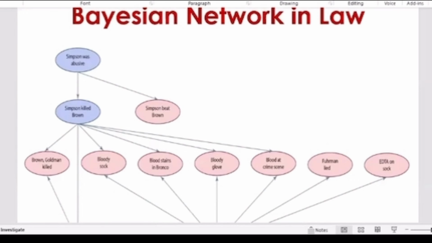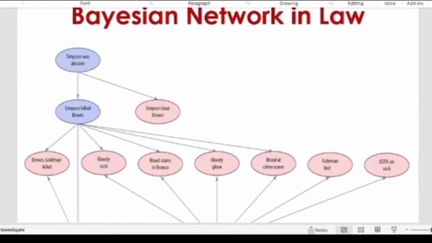Before Brown was murdered, they had a divorce, and Goldman was now having a relationship with Brown. So a lot of people believe that Simpson killed them because Simpson was jealous.